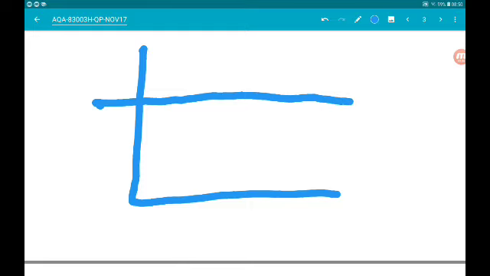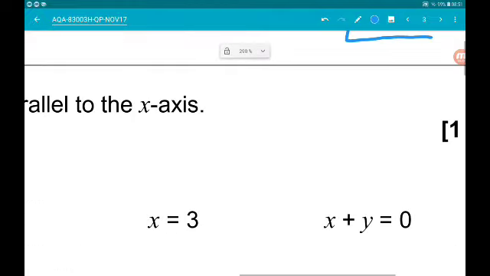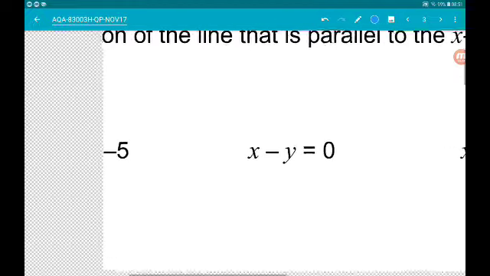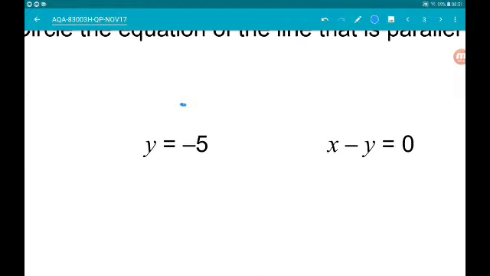So that's going to be a line in the form of y is equal to just a number, nothing to do with x. So, it's going to be y is minus 5.